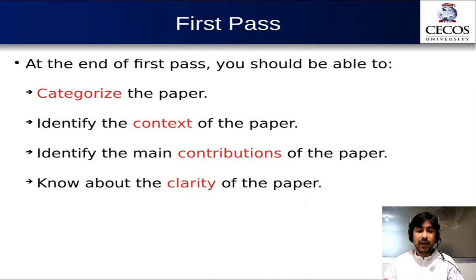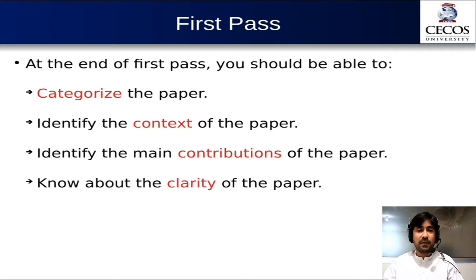Which wireless technology did the authors actually use, whether it is Wi-Fi, WiMAX, 3G, 4G, LTE, IEEE 802.11p, or 802.15.4? What is the wireless standard that the authors address? So you can categorize the paper based on communication, and then you can identify the context of the paper.